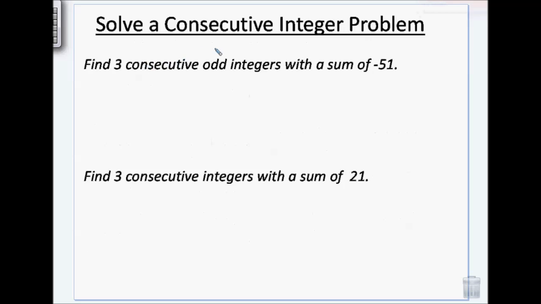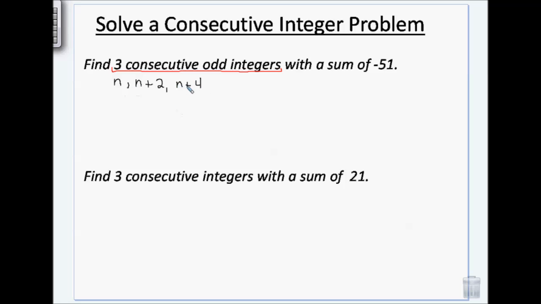Now to do a consecutive integer problem, say find 3 consecutive odd integers. We always start with n. The next odd number would be n plus 2, and then n plus 4 would be the third one.